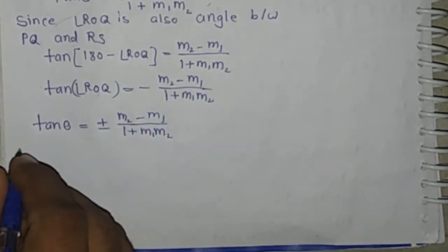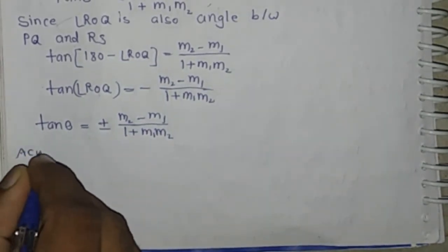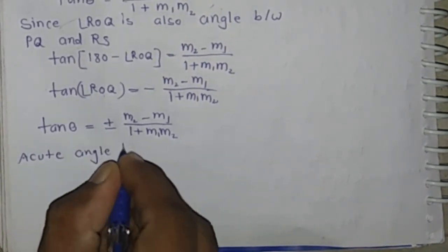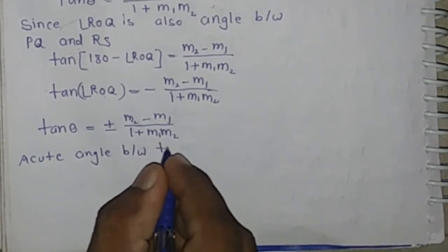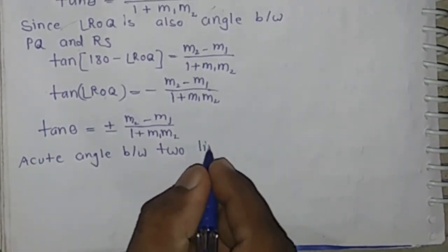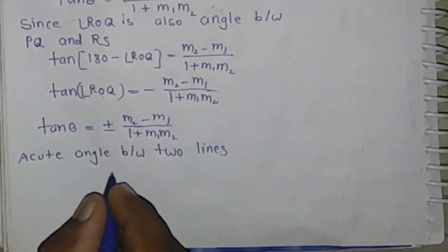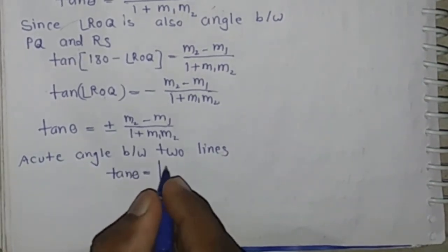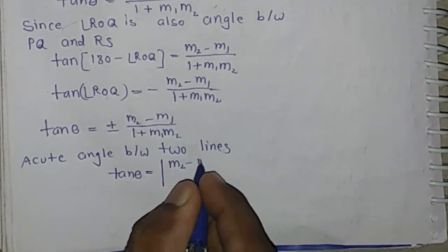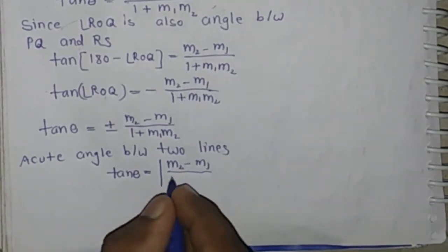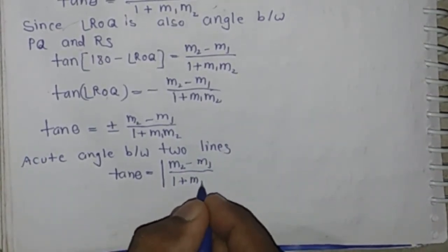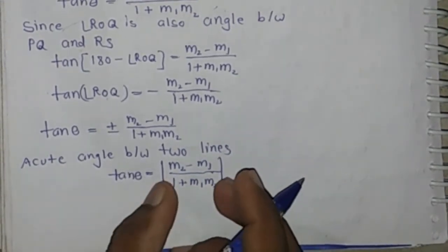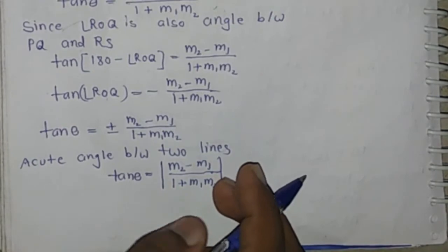The acute angle between two lines is tan theta equal mod M2 minus M1 by 1 plus M1 M2, means this term is always positive.